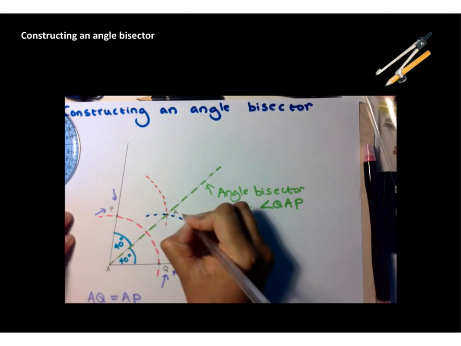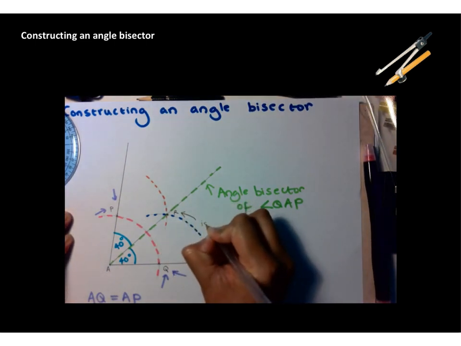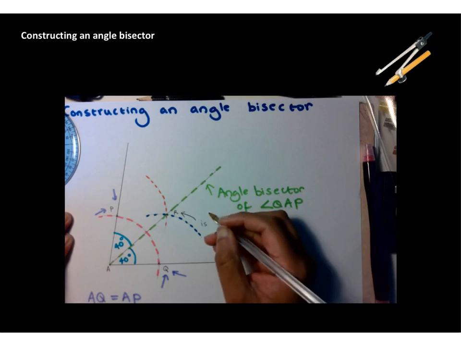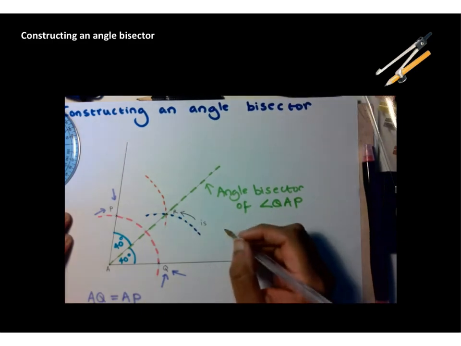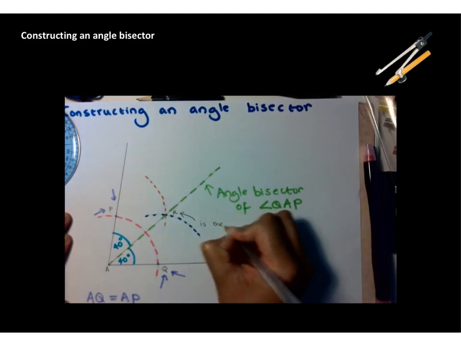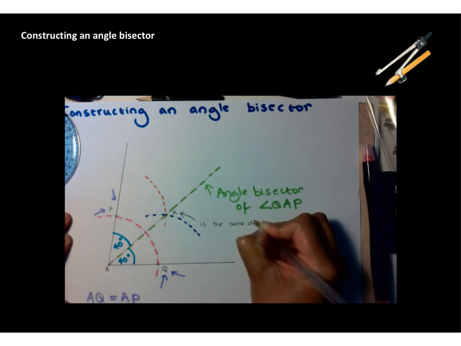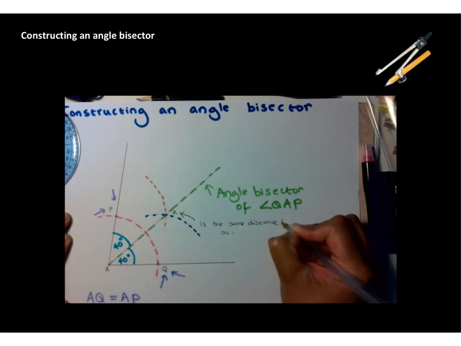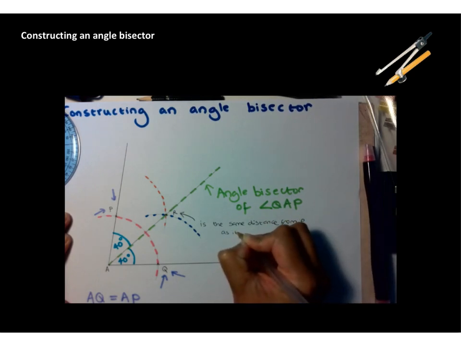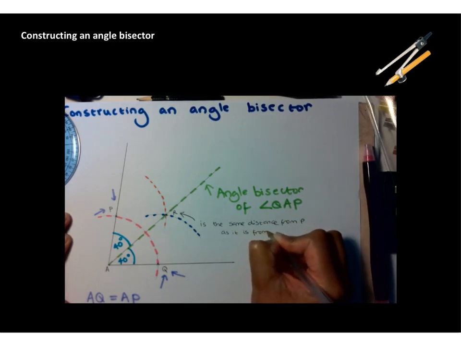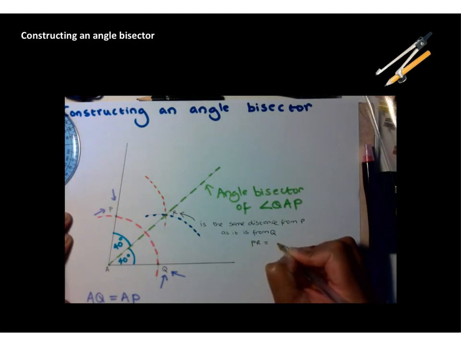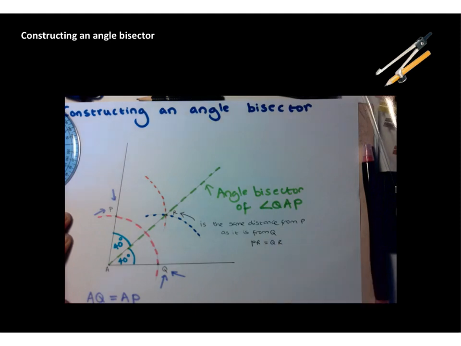R is equidistant between P and Q. It's exactly the same distance from P as it is from Q. So I could just write PR is equal to QR.